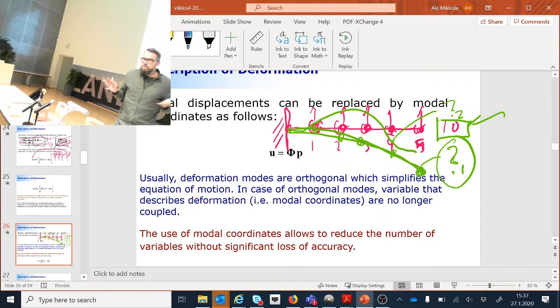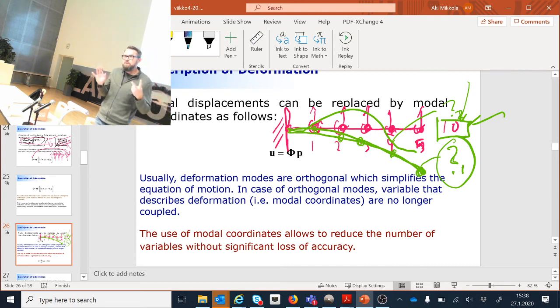So what I can do is ignore some of the deformation modes without significant loss of accuracy. And this is exactly what I'm about to do here. From now on, I'm not planning to use all 10 different ways that the structure can deform, but just say 2. Of course, it's not going to be the same level of accuracy, but how much do I need to compromise in terms of accuracy? Not so much.